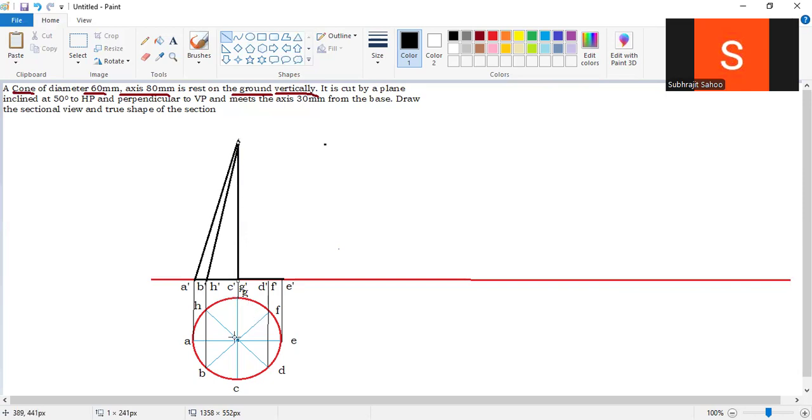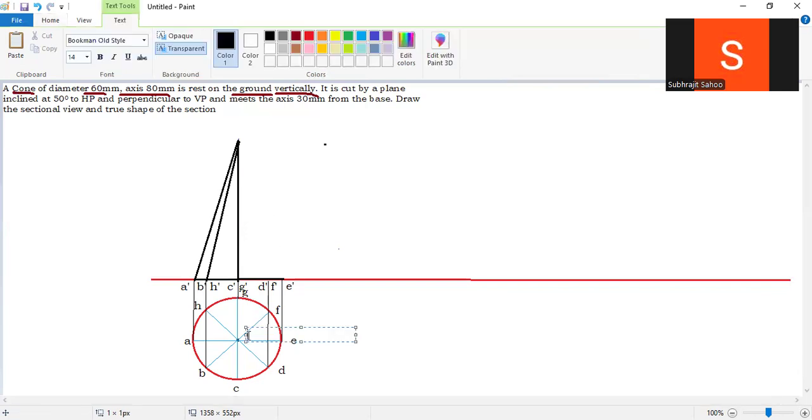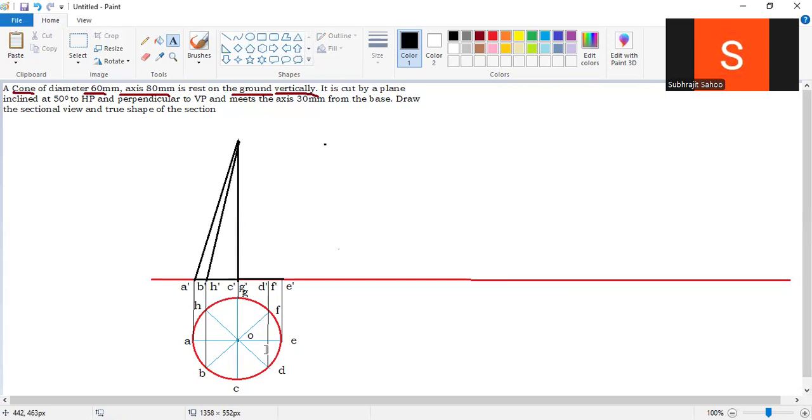Sir, okay, give the names first. This is O. This is OG generator, OC generator, OA generator, OH and OB generator. Here one generator, here two generators: one is OB and OH. Here also two generators, one is OC and one is OG.